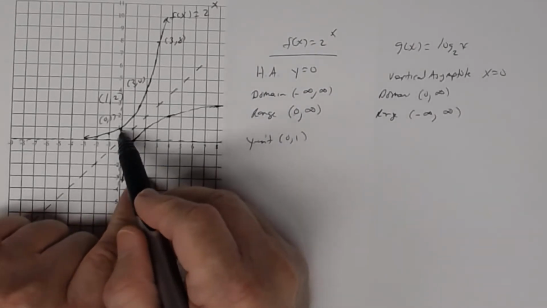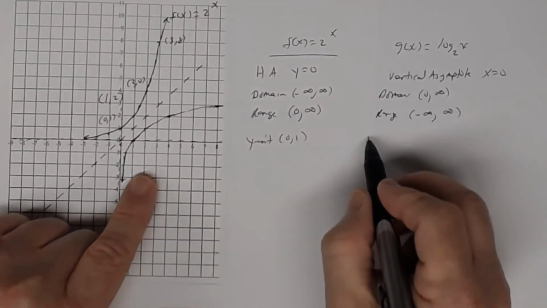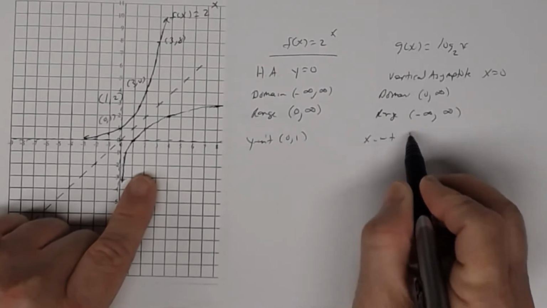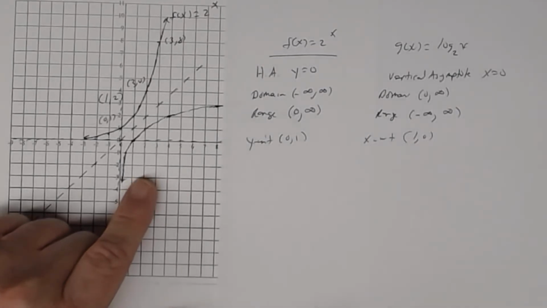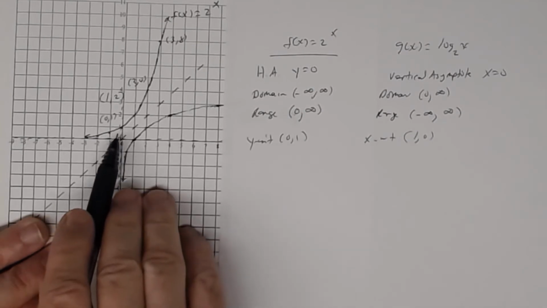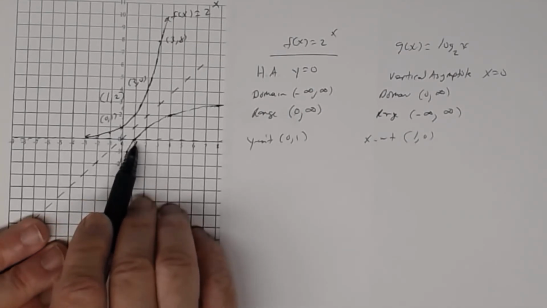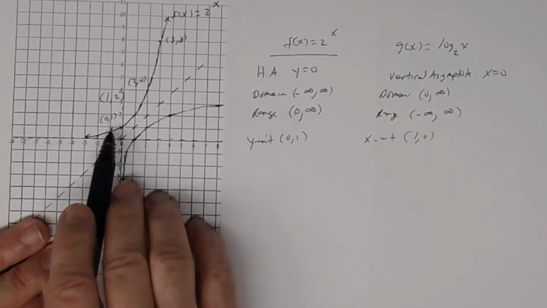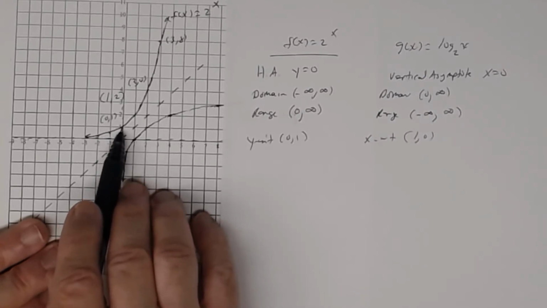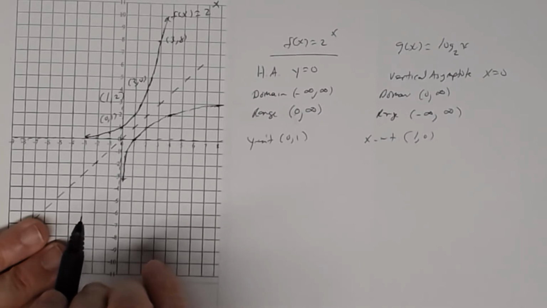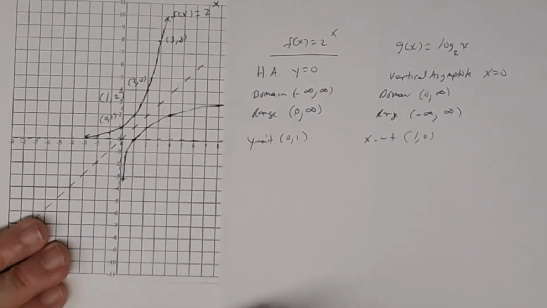It crosses that 1 here, although when saying the x-intercept, we have to put (1, 0) instead. So the y-intercept here is 1, and on its inverse it becomes the x-intercept. But the ordered pairs are different. You obviously see that: (0, 1), (1, 0). So y-intercept becomes x-intercept.